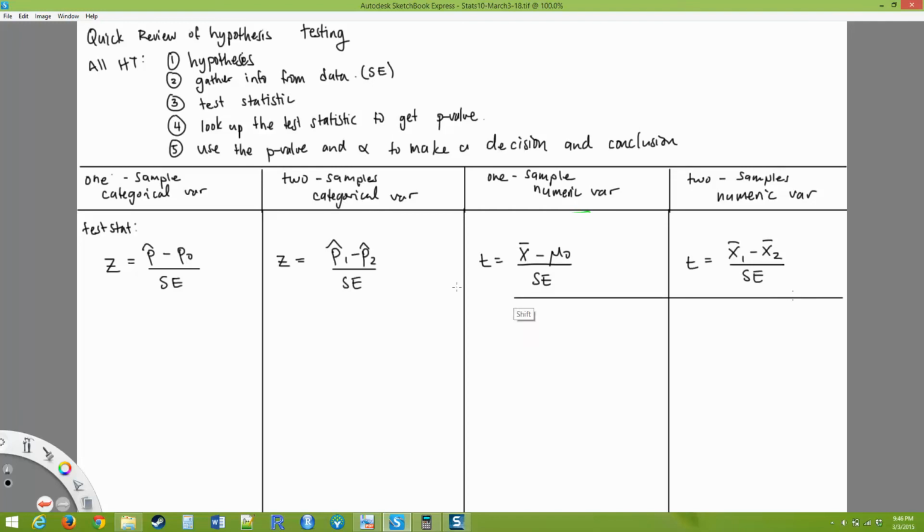All right, so here you then look up in the Z table. Actually, this applies to both. And so does this stuff here.